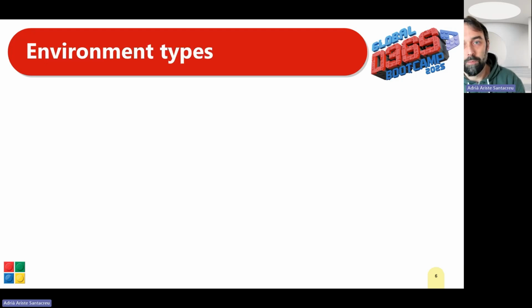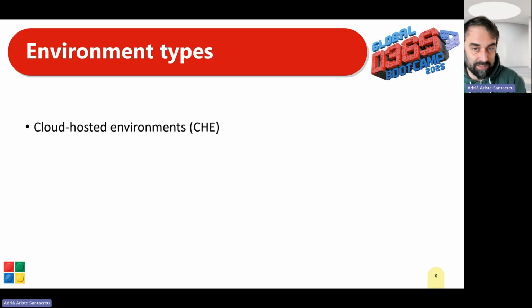So, as I said, we will start with environment types. Right now, we have 3 different environment types. The first one would be cloud-hosted environments, which have been around since the beginning of Dynamics 365 F&O. Then we have the BHD. The BHD is a file that you can use to create a virtual machine with everything that you need for development, and you can use this BHD on your local PC, or if you want, you can deploy a virtual machine on Azure using this BHD.